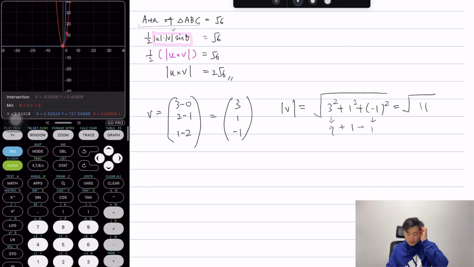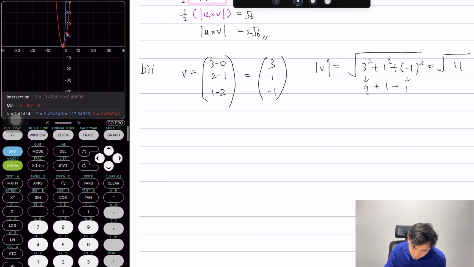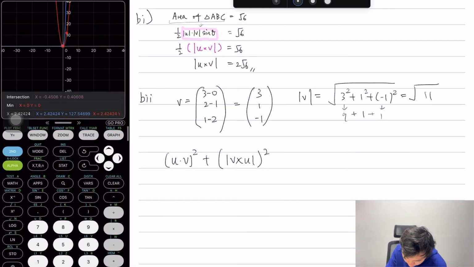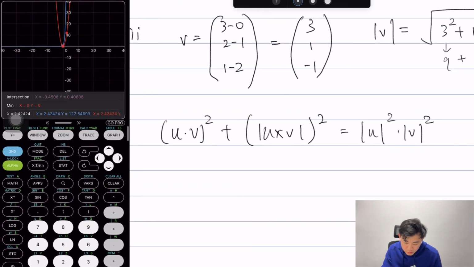Then we use the things that we found in part A, the dot product: u dot v, whole squared, plus, and we write it in the correct order, otherwise it will be wrong, u times v, equals u squared times v squared. Now, what is our unknown? Our unknown is u.